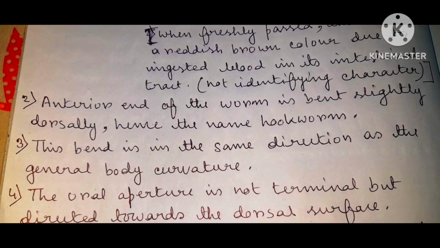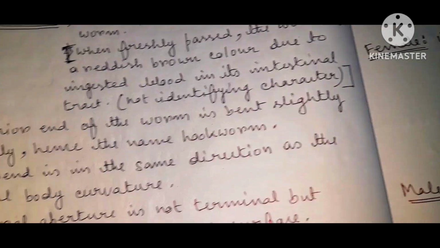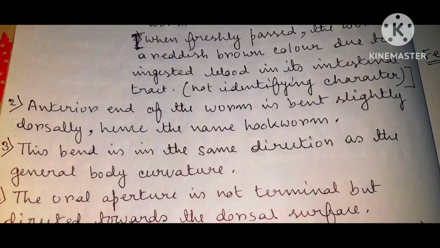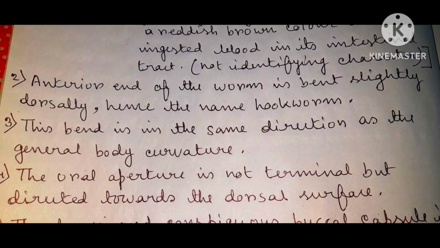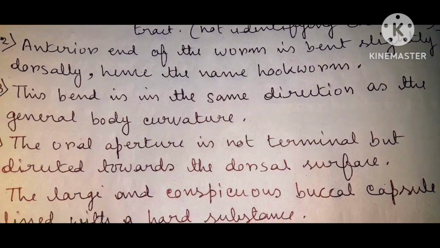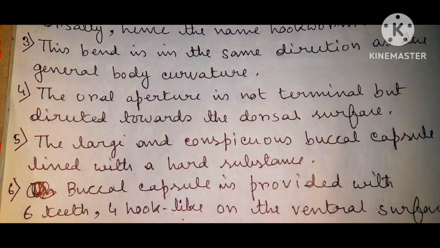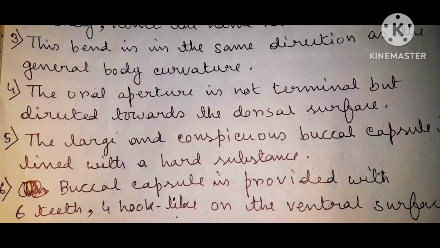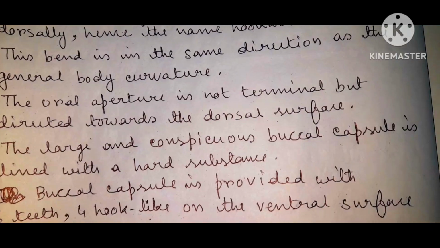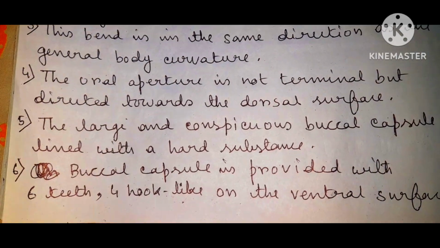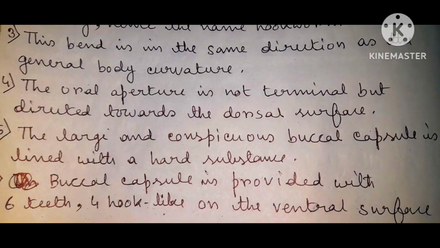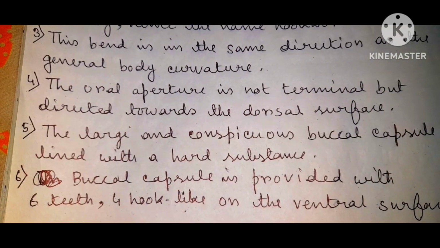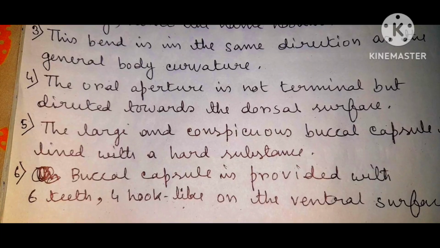Anterior end of the worm is bent slightly dorsally, hence the name hookworm. This bend is in the same direction as the general body curvature. The oral aperture is not terminal but directed towards the dorsal surface. The large and conspicuous buccal capsule is lined with a hard substance.